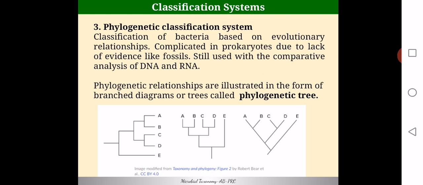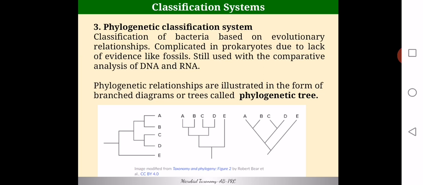For that, in higher level organisms, the evolutionary relationships are mostly determined with the study of fossils. But in bacteria or in a prokaryotic system, the study of fossils is not practically easily possible.